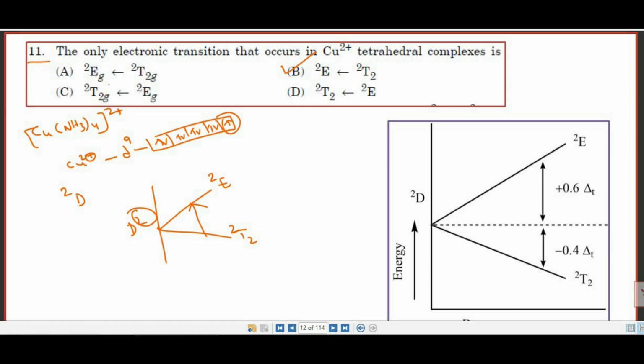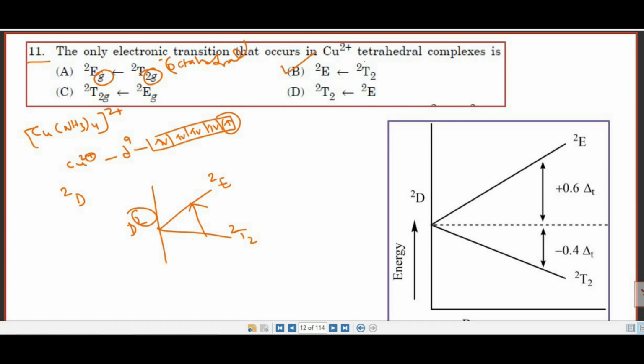If the electronic transition occurs from T2g to Eg, it is in an octahedral complex. Listen, if the complex is octahedral, the absorption will be T2g to Eg.